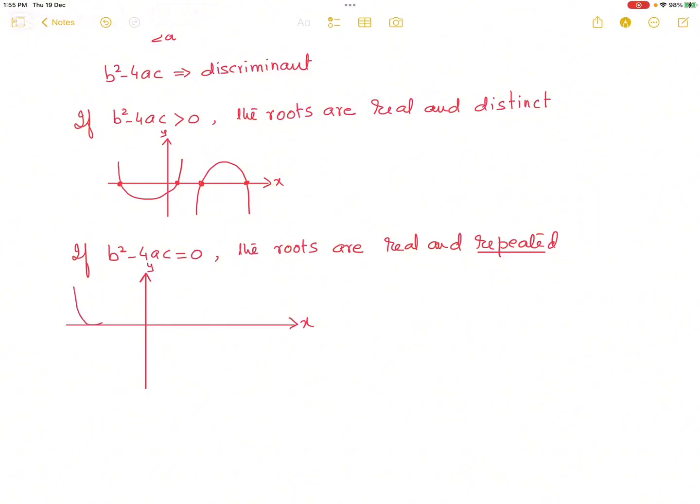Suppose the curve is like this, it is just touching the x-axis. Tangent means that the x-axis just touches the curve at one point, or if the curve is upside down and it is just touching the x-axis at one point, or you can say at the minimum or the maximum point, b square minus 4ac would be equal to 0. You would see the answer would be repeated.